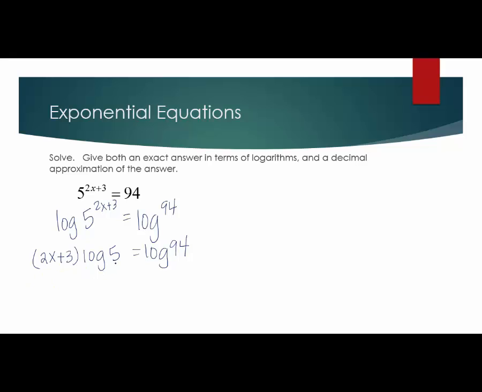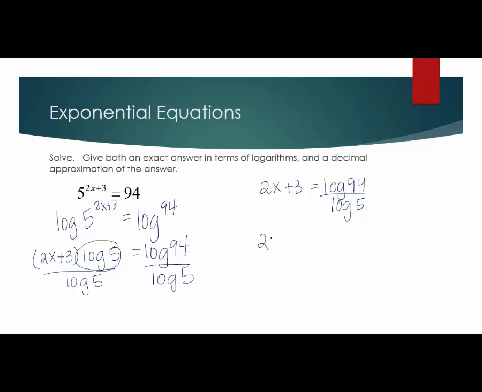Note, again, I can't just divide by 5 to undo that. It's not the number 5, it's the number log 5. So I'm going to undo that product by log 5 with division by log 5. This leaves me with 2x plus 3 equals log 94 over log 5. I'm going to subtract 3 and divide by 2 to get x by itself.